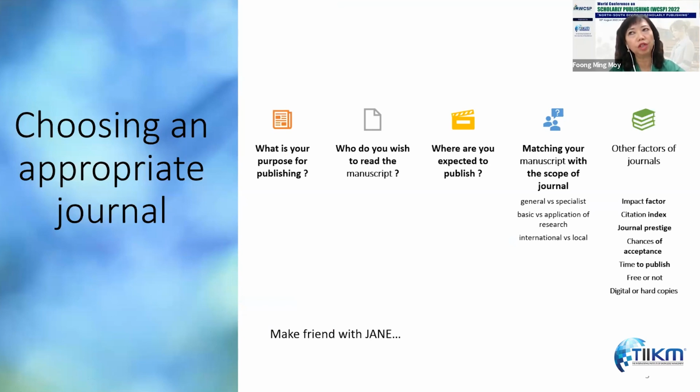So for journals, we have some very specialized journals or some more general journals like PLOS ONE, BMJ Open, BMJ, or Scientific Reports. These are general journals. But if you want to send to a more specific one, probably if it's a nutrition study, you may want to send to Nutrition Journal, and so on.